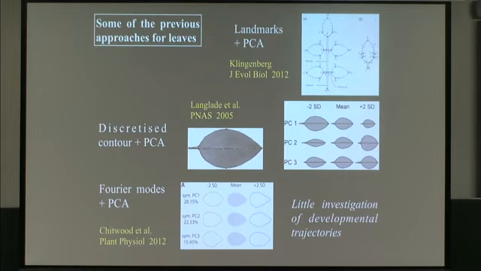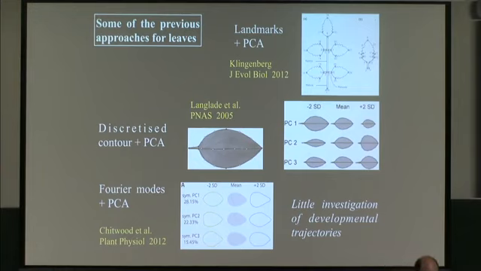A big technical difficulty with leaves is that, except in some specific cases, it's not possible to follow the same leaf throughout time from a very small state to a big state, because initially it's hidden by the older leaves, and you would need to remove the older leaves, and that's perturbative.